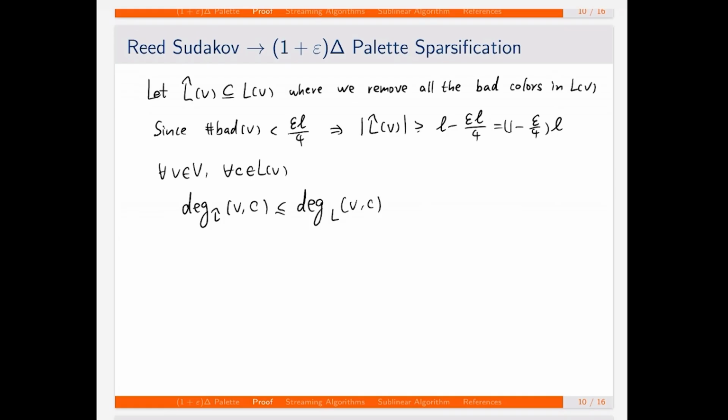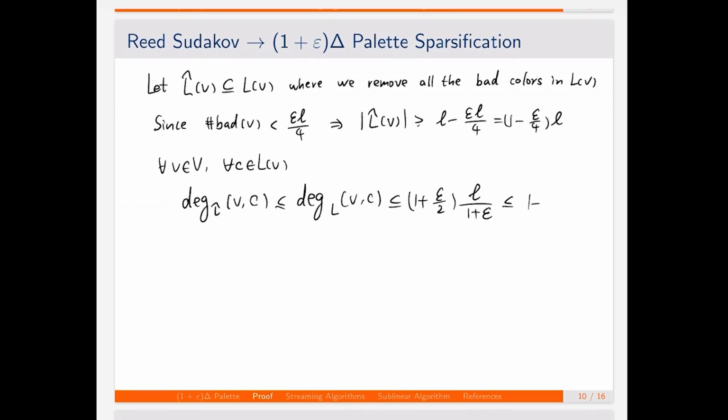And this is less or equal to 1 plus epsilon over 2 times L over 1 plus epsilon, as we've shown earlier. Okay, and when epsilon is less than 1 over 2, this is less or equal to 1 minus epsilon over 3 times L.